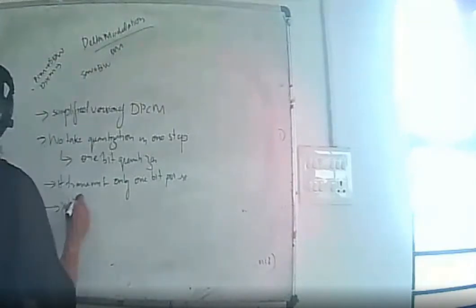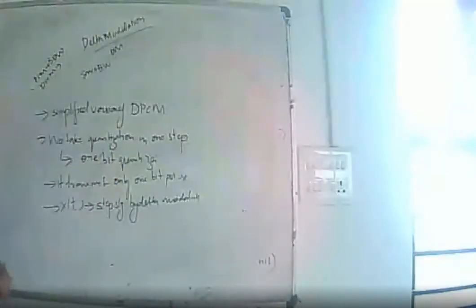Here in delta modulation, which is a simplified version of differential pulse code modulation, we take quantization in one step, that is we use 1 bit and transmit only 1 bit per sample.